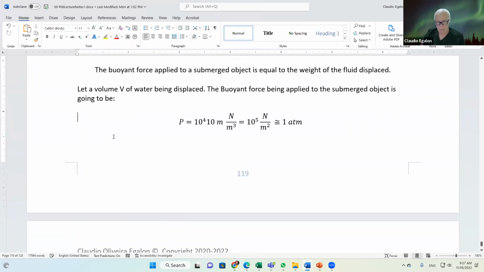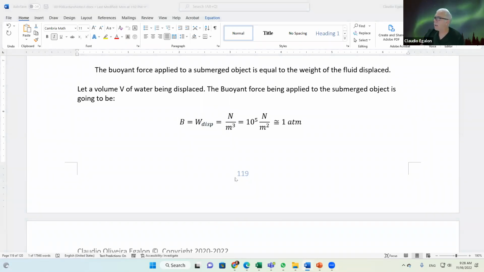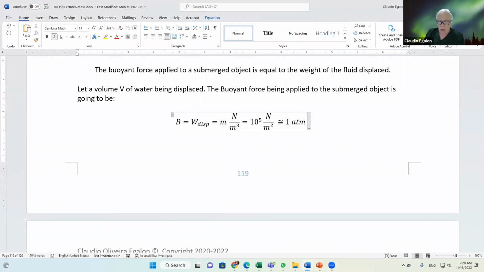Here you go. Buoyant force B is the weight of the displaced fluid, and it's going to be equal to the mass of the displaced fluid times the acceleration of gravity.